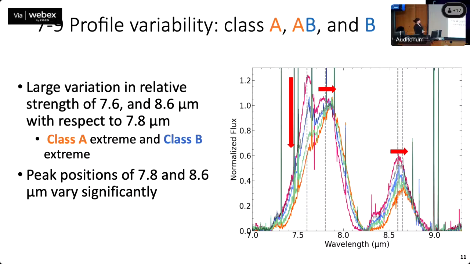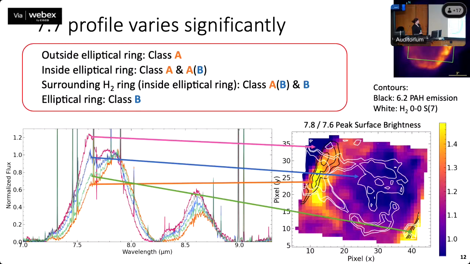We also see that the peak positions vary significantly as well. If we look at that in a little bit more detail, on the right here, we have a map of the 7.8 over the 7.6 peak surface brightness. Taking the ratio of these, the yellower pixels show that the 7.8 is stronger, and the bluer pixels show that the 7.6 is stronger.